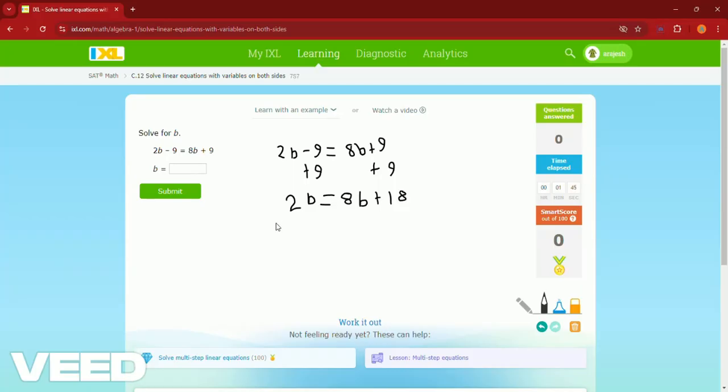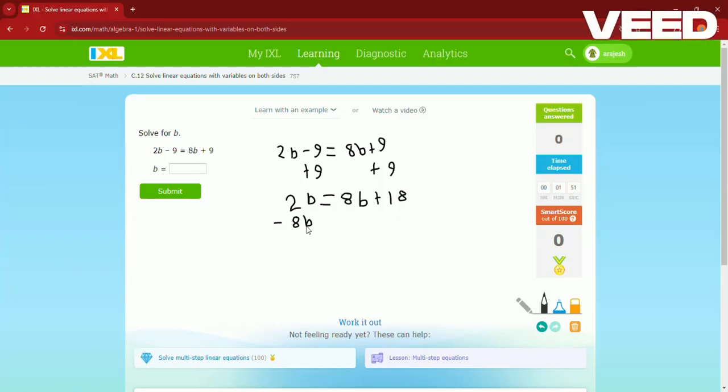And then you would have to subtract 8b on both sides. And there you have it. Negative 6b is equal to positive 18.